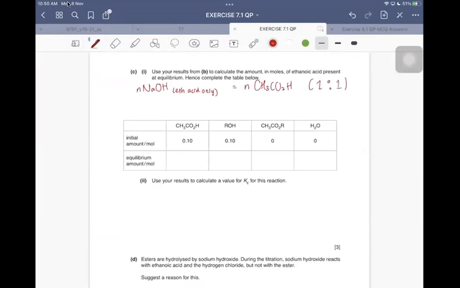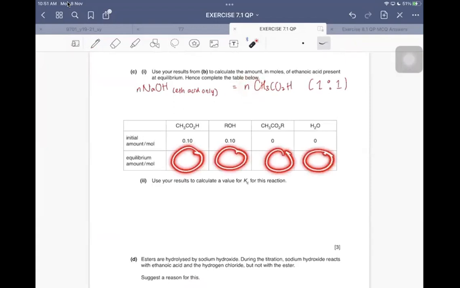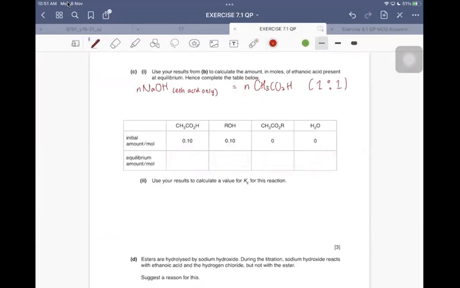If you get the correct number of moles from the previous calculation, then you can just sub in the numbers here, here, here, and here. To find the other equilibrium values, you need to add the missing row here. They don't add the reacted and produced row, so you have to add it yourself.